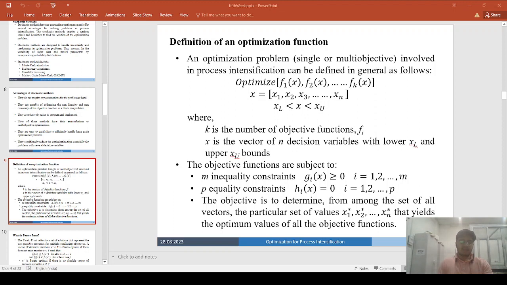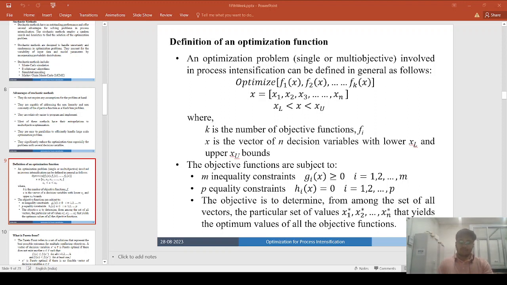That is the idea behind the inequality constraints. And there are certain equality constraints, that your model for the process must hit, such that this equality is satisfied. So those are the equality constraints and the inequality constraints.